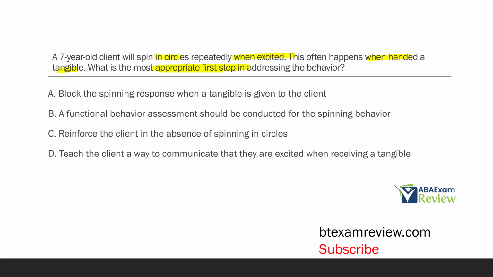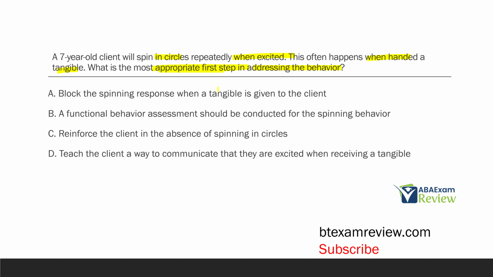And so following a description of what happens, what do we need to do to address the behavior? What is the first thing we want to do? A, block the spinning response when a tangible is given to the client. Well, all we know is they spin when excited and when given a tangible. We don't know if we need to block the spinning response. We don't know why it's occurring. We don't know anything more than what the information here is given.